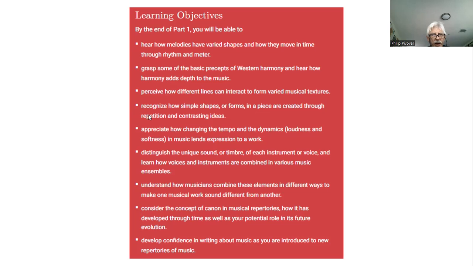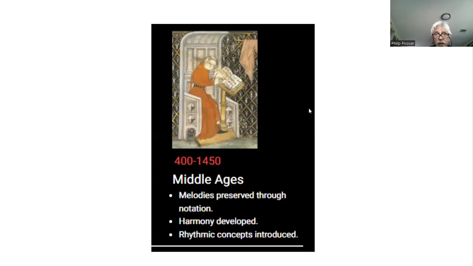We're going to try to learn how to recognize simple shapes or forms in a piece that are created because of repetition and contrasting ideas. You can basically either repeat an idea, modify the idea, or have a new idea. That's all you can do in art.